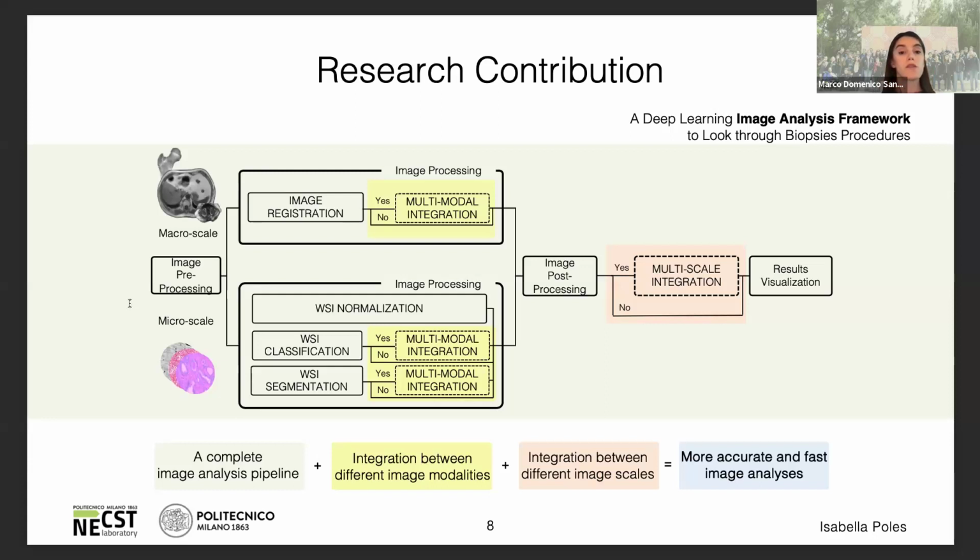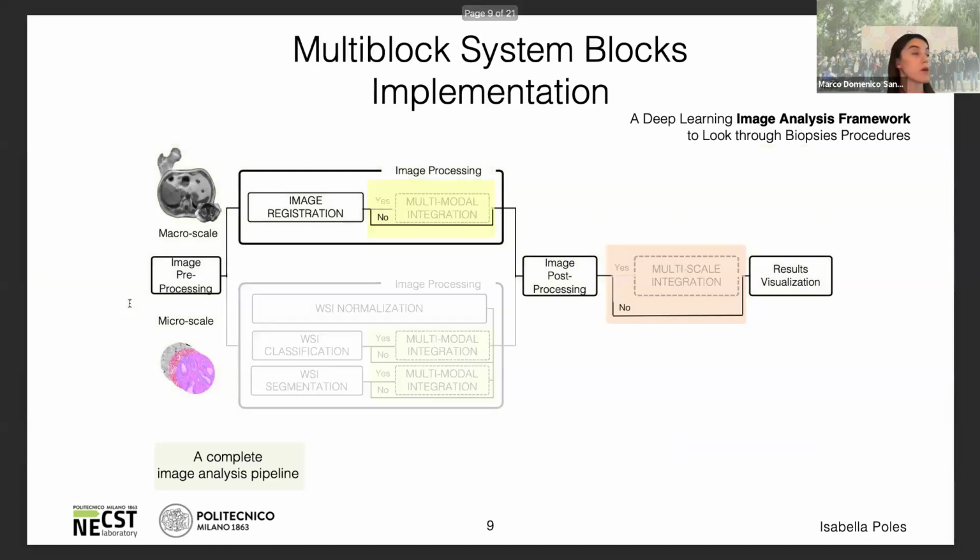In particular, different modalities of images will be integrated at both the macro scale and microscale, while different dimensionality scales of the images will be integrated at the end of the pipeline to close the pipeline and ultimately allow the end user to perform a complete analysis.